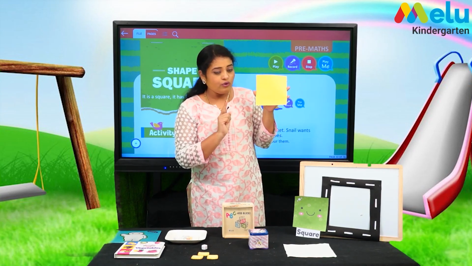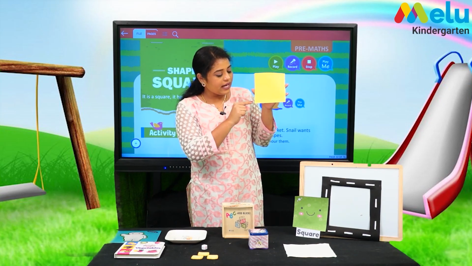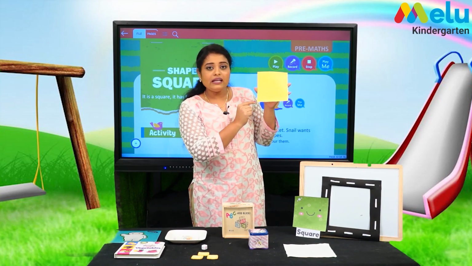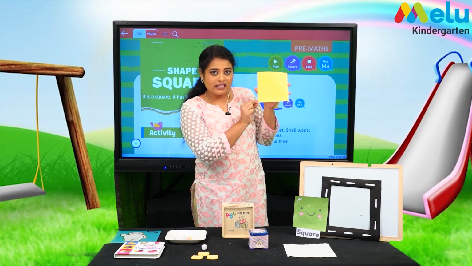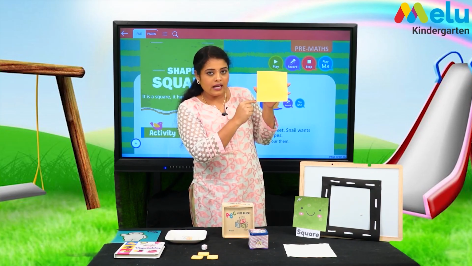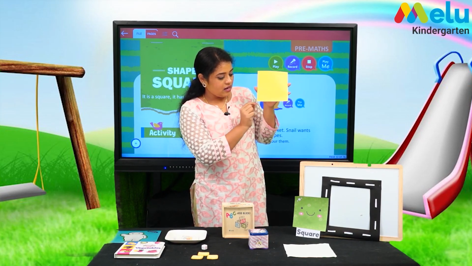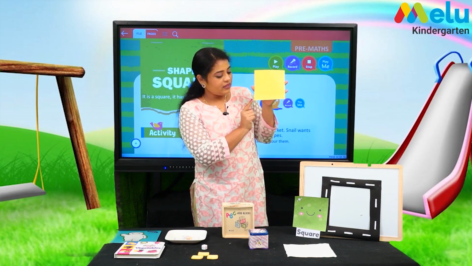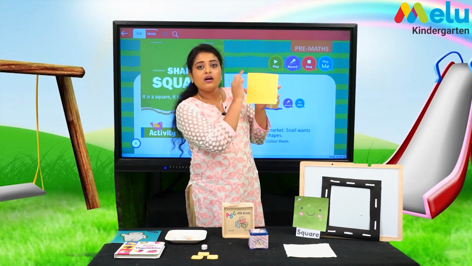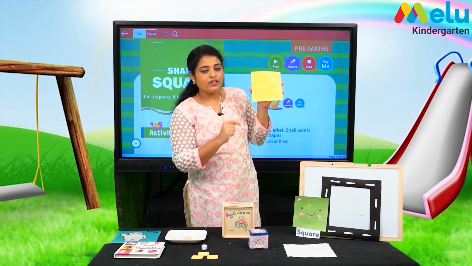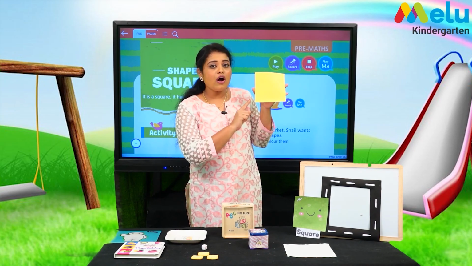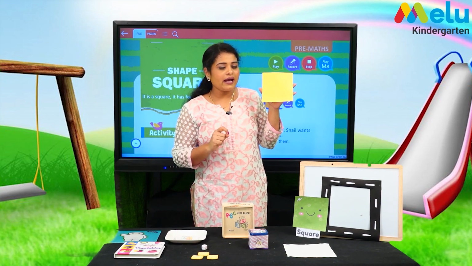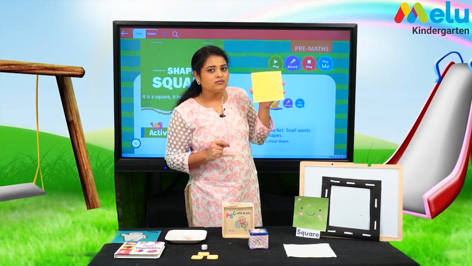And children, do you know these sides meet at a point? Yes, this is a point. This side and this side meet at a point, right? These are called corners. What are they called? Corners. So, a square has how many corners?